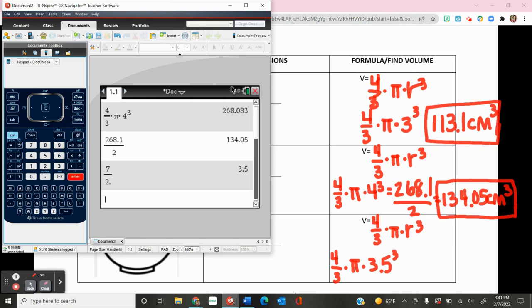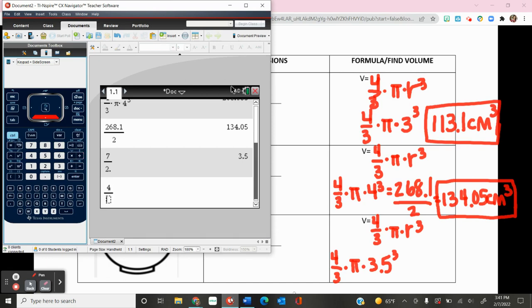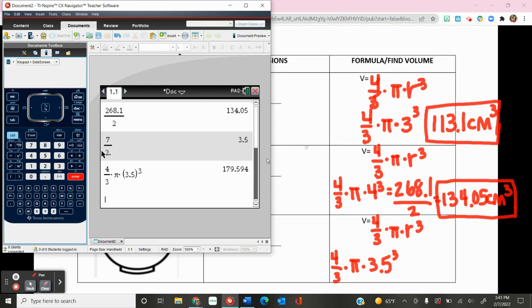Putting this in your calculator, we're going to put Control Divide, 4 on top, 3 on the bottom, times pi, times 3.5. And remember, to get the exponent of 3, you have to hit the caret top and type 3. And then press enter. We get 179.594. Again, this 9 is going to round up the 5 to a 6. So this is 179.6.